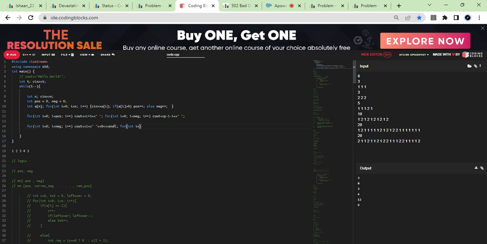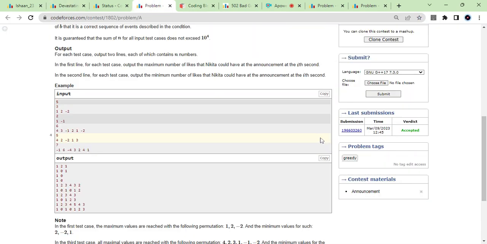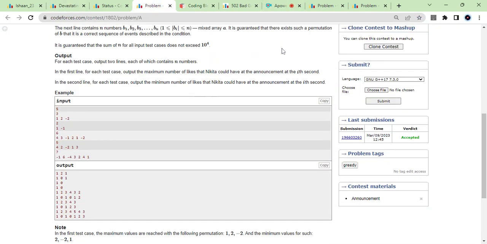How will you get the remaining positive? That's not much tricky. You can say n total minus 2 into negative, which you have already put, and now the remaining part is i plus 1 and l. And yeah, that's straightforward 4 line code, and test it over the given input.